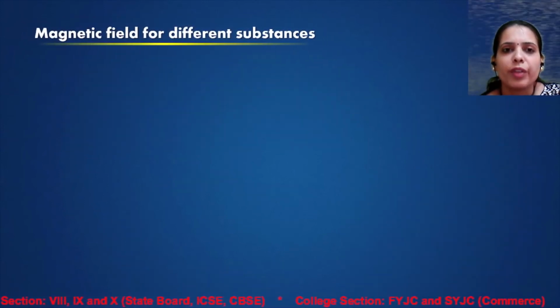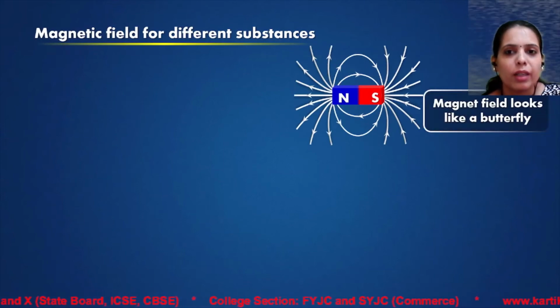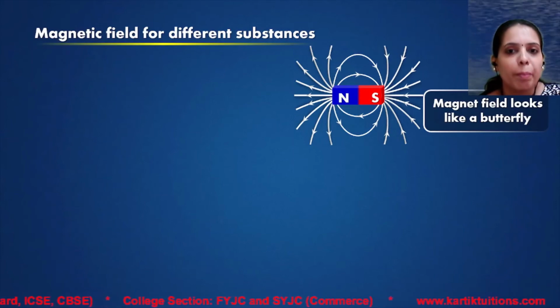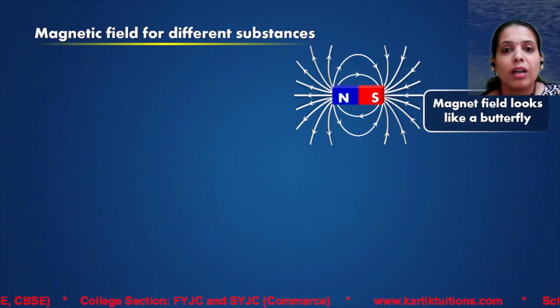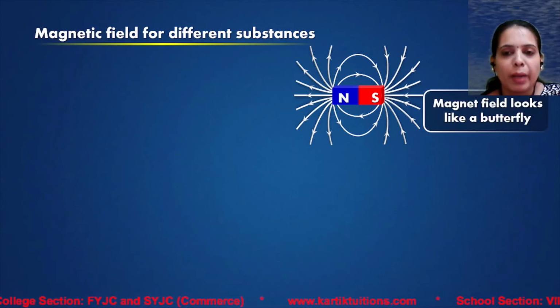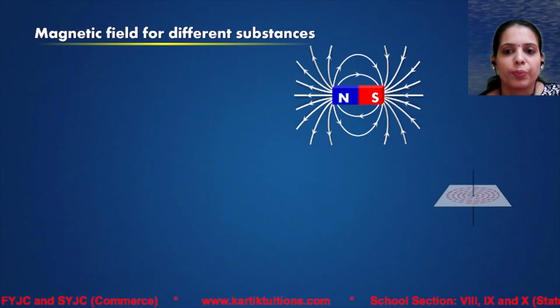So the magnetic fields for the different sources we have seen up till now are: for a bar magnet, it is created in the form of a butterfly pattern, closed continuous curves formed around the bar magnet that run from the north pole to the south pole.